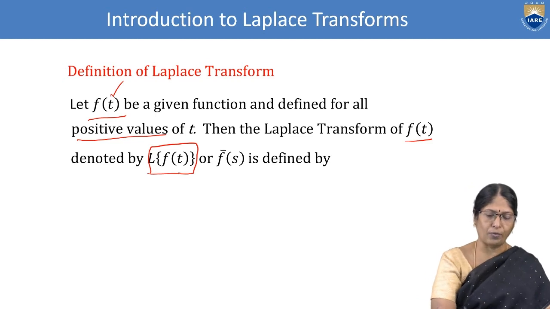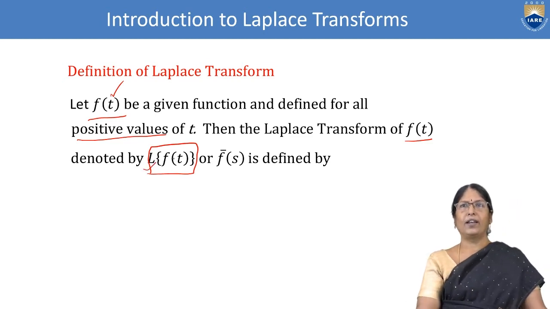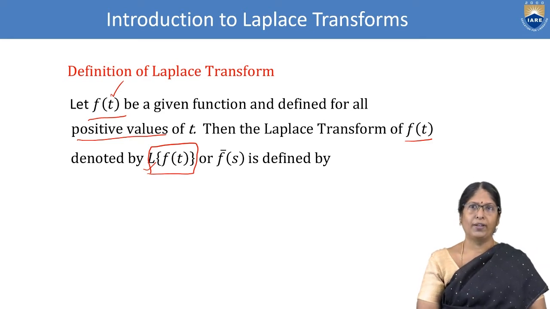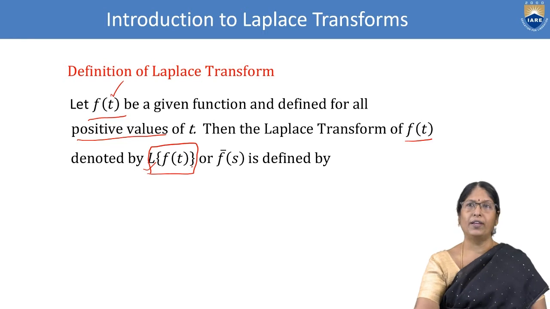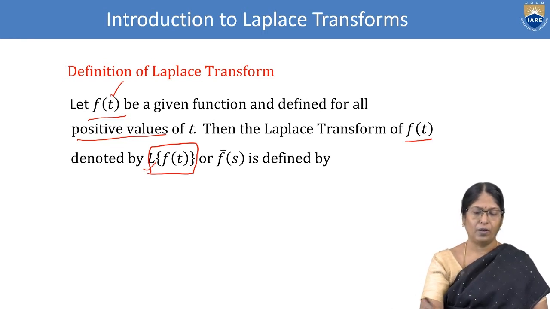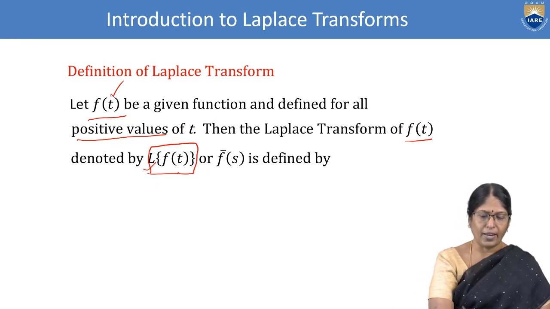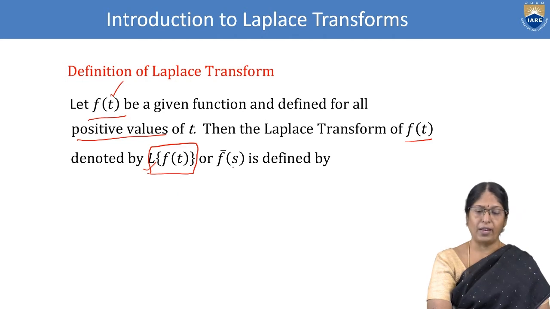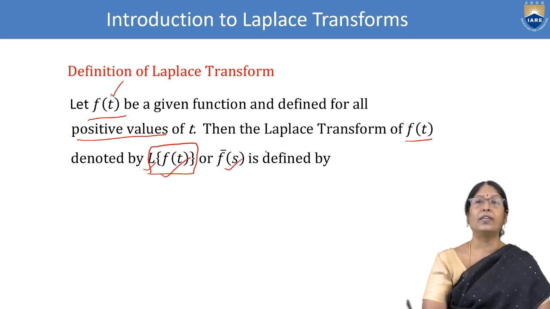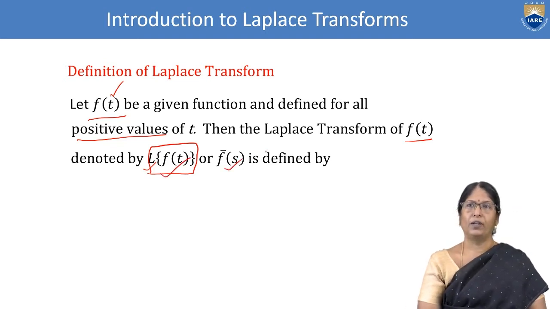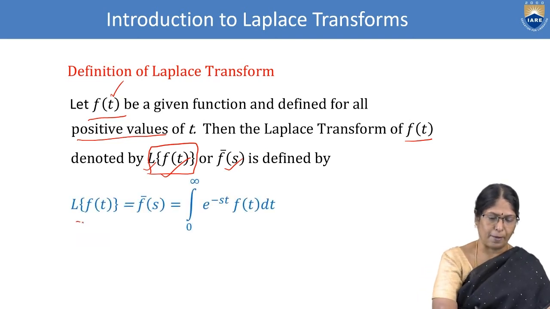This is how we have to read it. Capital L represents Laplace transform. That is, the Laplace transform of the function f of t, or it can be written in another way, f bar of s.